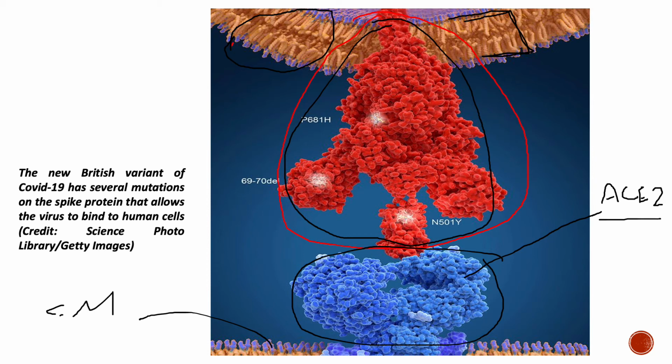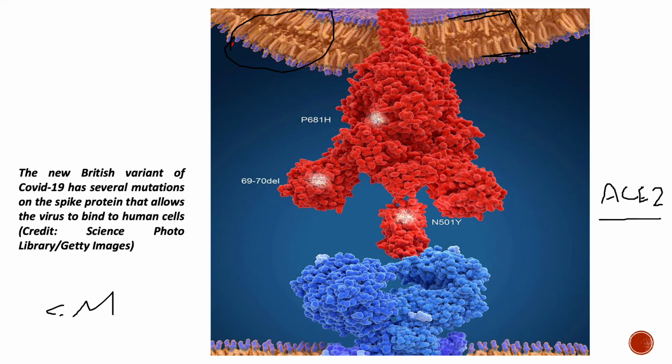Okay, and here you can see the mutation in the spike protein. You see here we have the N501Y mutation, which I have described previously.